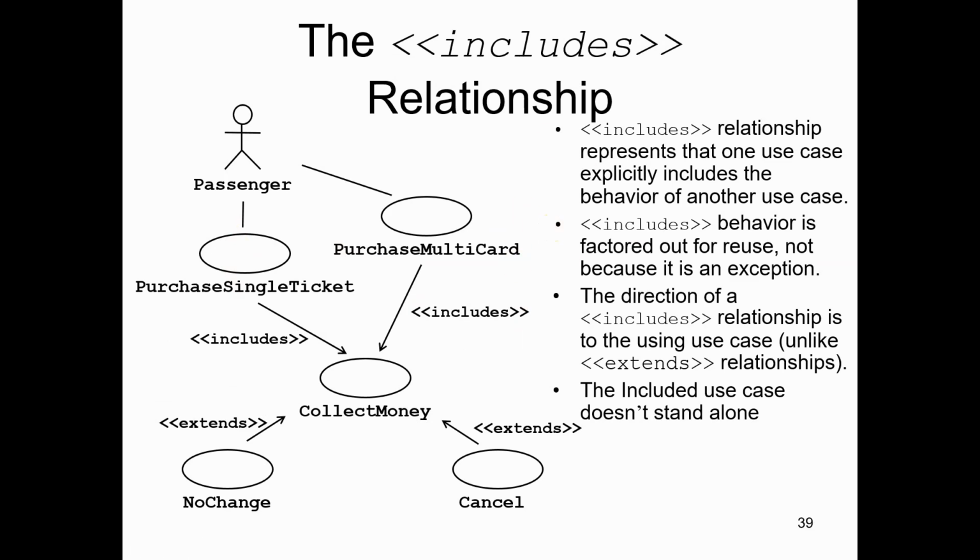Then you analyze the use cases horizontally and find that all of them contain one common activity, which is to collect money. Then I can factor that activity out to form a new use case.